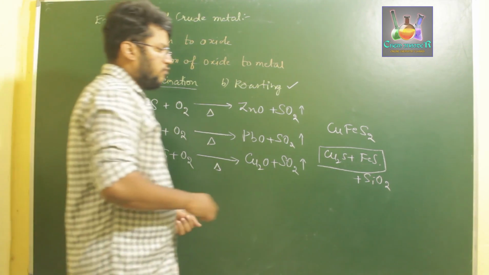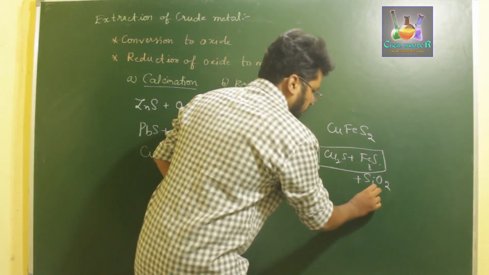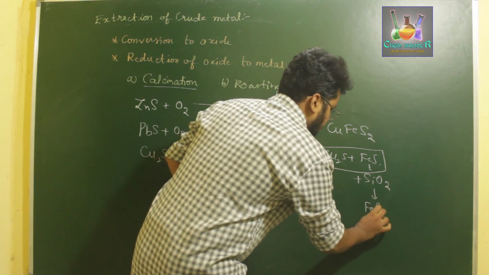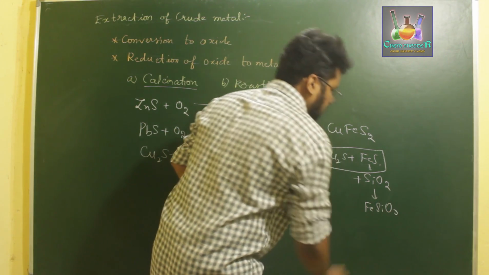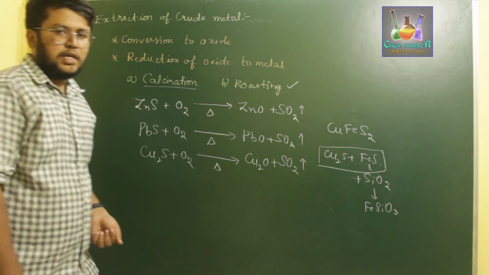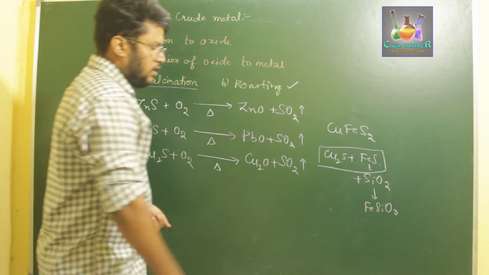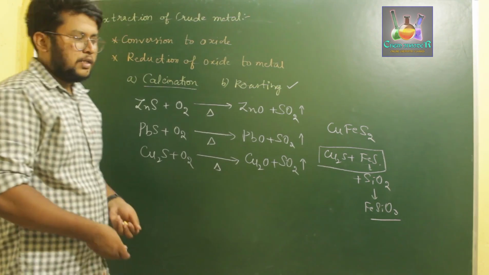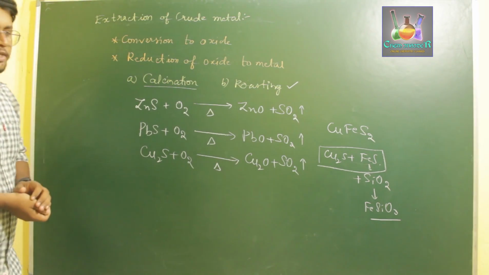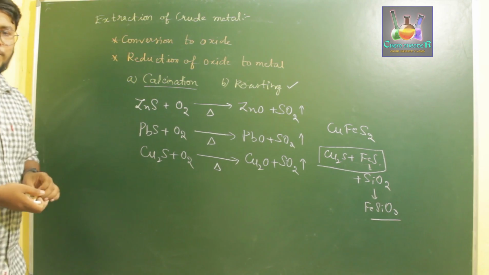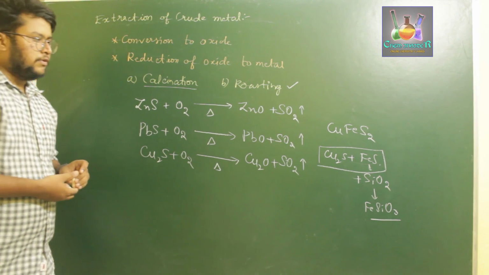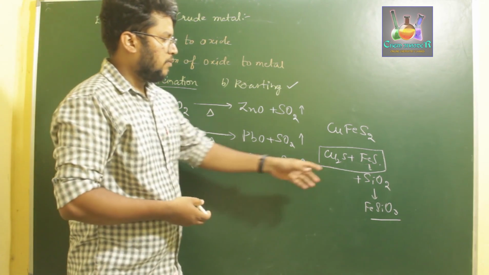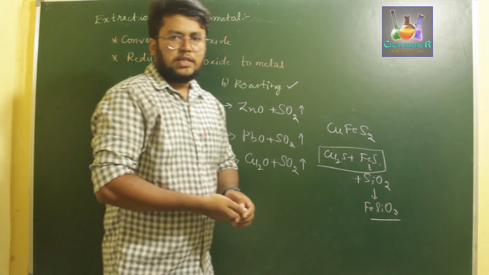When we mix FeS with SiO2, we get FeSiO3. The resultant FeSiO3 is called the slag of impurity. That is, the impurity gangue particles are mixed with flux components such as silicates and converted from ferrous sulfide to ferrous silicate.